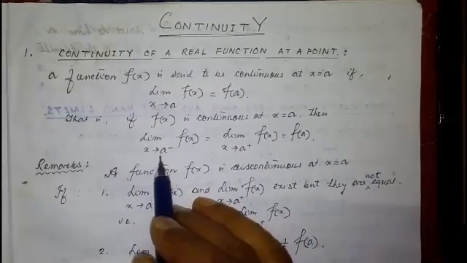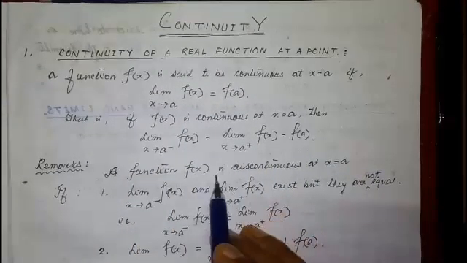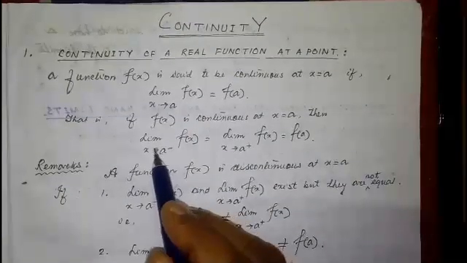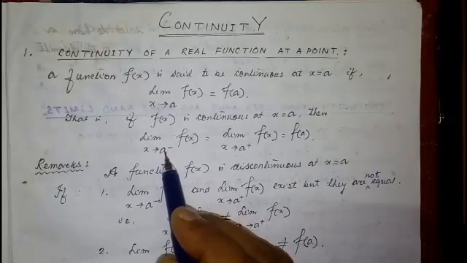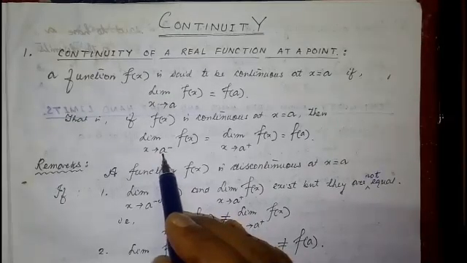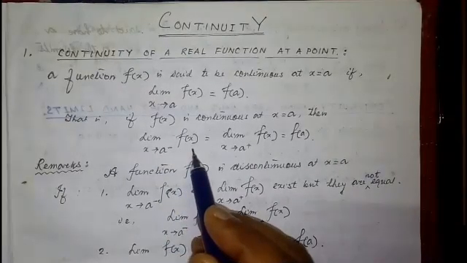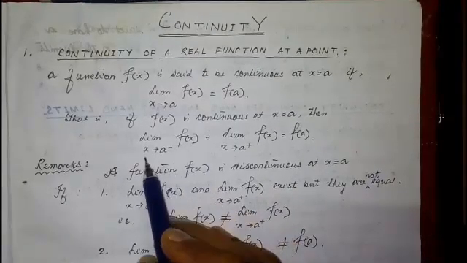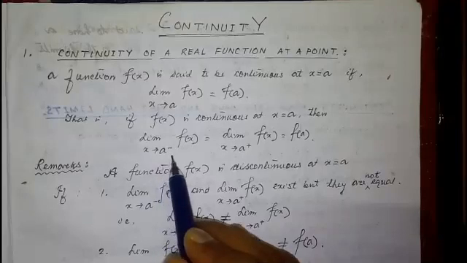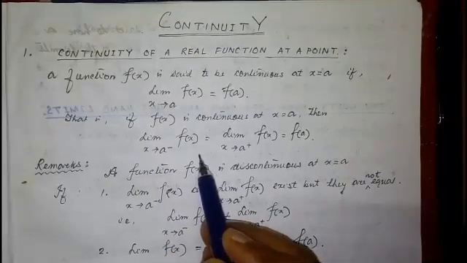limit x tends to a minus f(x). Now a minus, this does not mean negative a. This is called the left hand limit. You already know about limits: the left hand limit is when x approaches a from the left hand side.